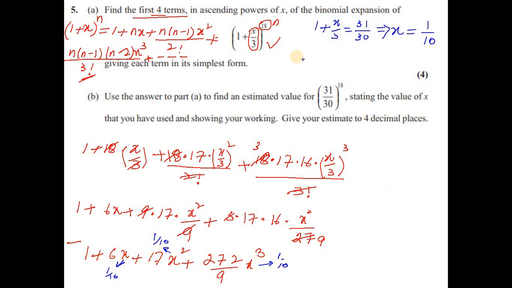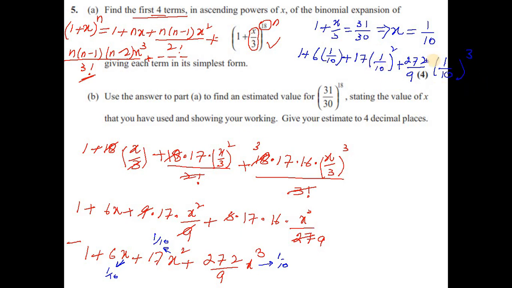That means you have 1 plus 6 times 1 upon 10, plus 17 times x squared, that means 1 upon 10 squared, plus 272 over 9 x cube, so 1 upon 10 whole cube.